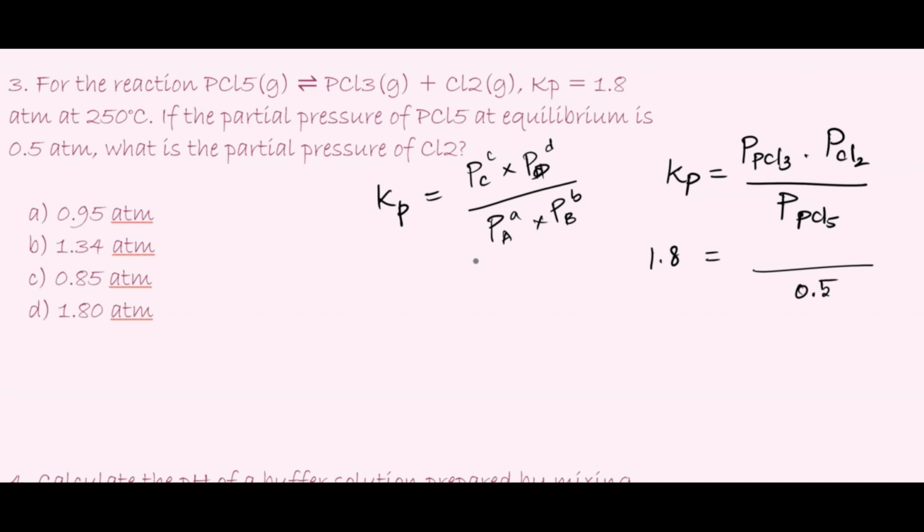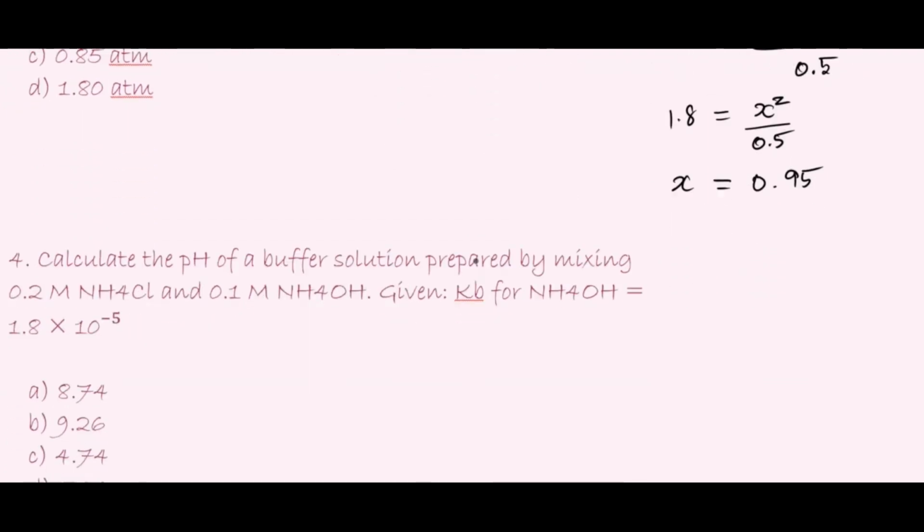What about PCl3 and Cl2? I'm going to take that as X. Both are at equilibrium state only, right? So both the values will be same. So X square by 0.5 equal to 1.8. So X square will be 0.9 and X will be 0.95. So this is for the Kp related problem.